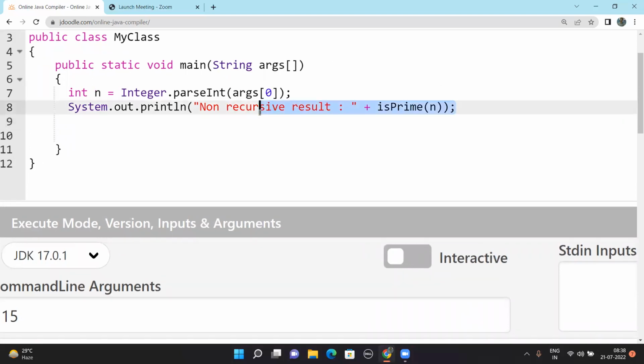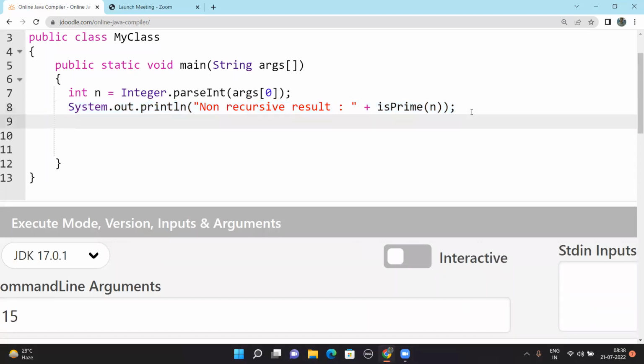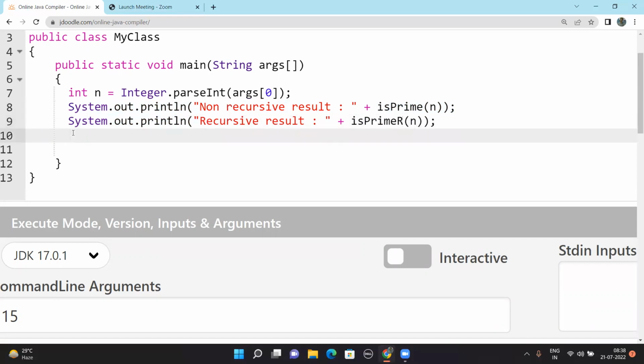And let us also write a recursive algorithm, whose output is the recursive result. The name of the function is primeR. So we have two inputs. The input for the first method is n1. Input for the second method is n2.